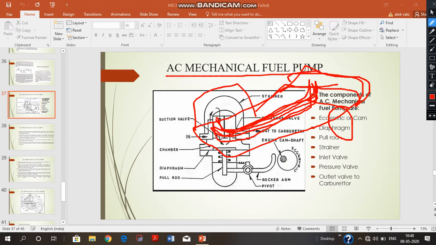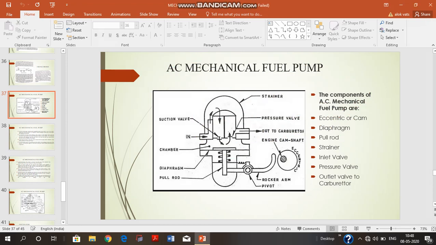A mechanical fuel pump operates mechanically; there are no essential electronic parts in it, although today's vehicles are associated with electronic components instead of mechanical components. In order to study it, we first have to know its basic parts.